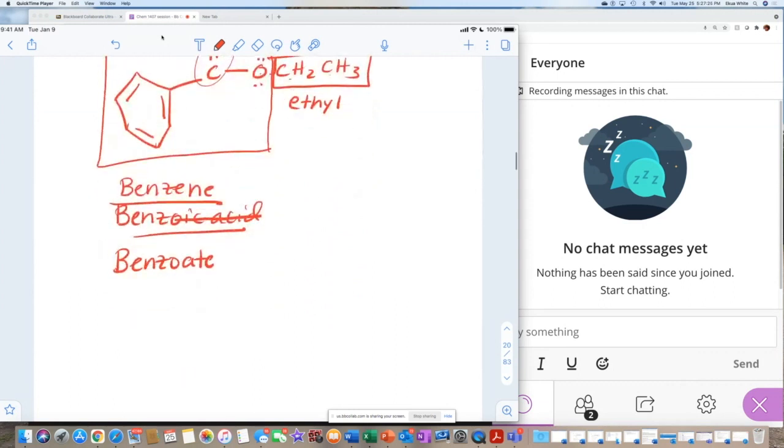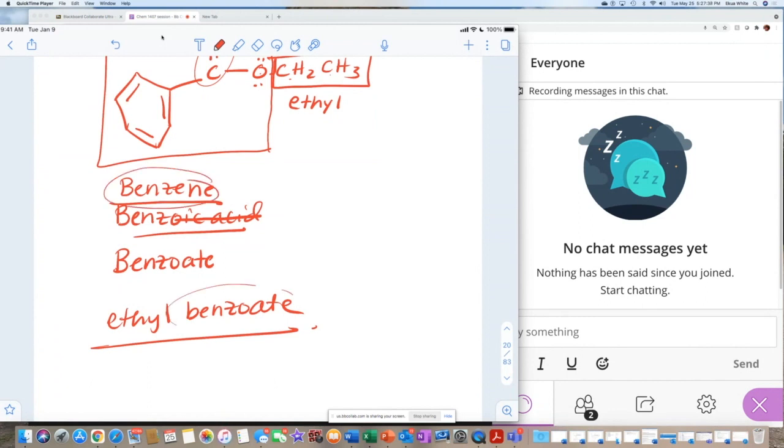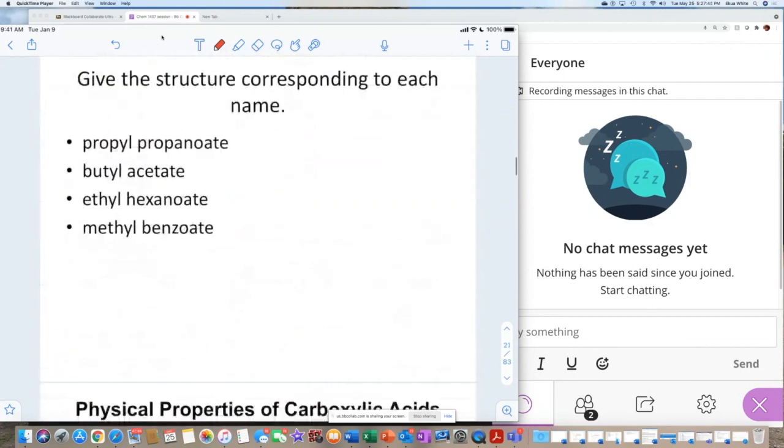So the name of this will be ethyl benzoate. Okay? Yeah, ethyl benzoate. So that rule of going straight from here to the benzoate doesn't really work with that. So use whatever method you need to get that.